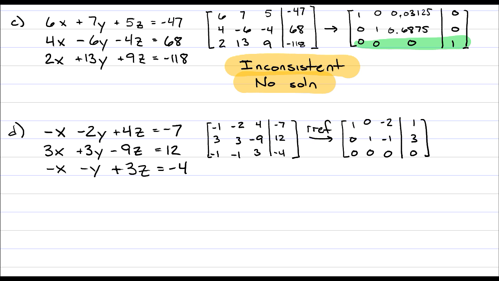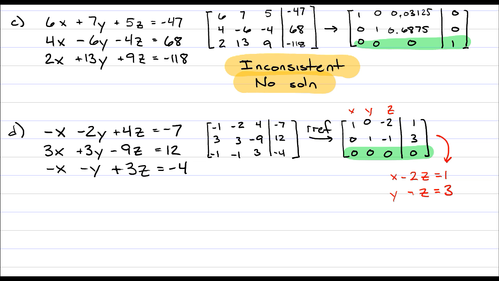This is another dependent system. So I need the general solution. Reading off the two equations that I have, I see that I get x minus 2z equals 1, and y minus z equals 3.